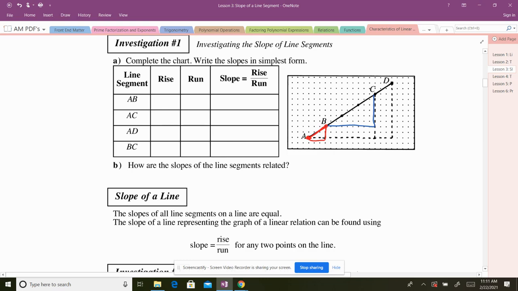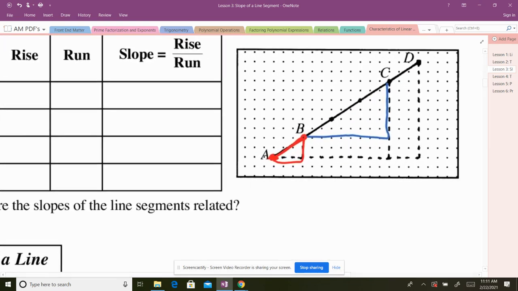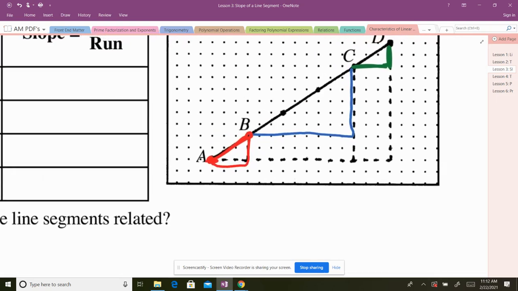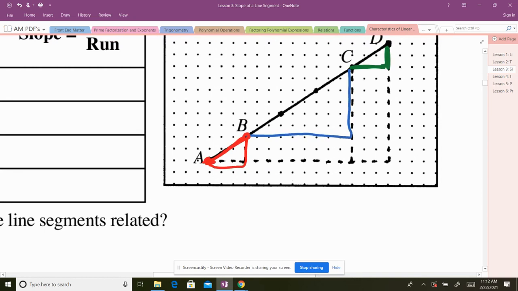The blue one right there. I'll zoom in. And then everybody else, what do you want to do? Do C to D for everybody else. The green one. And I'll do them all.